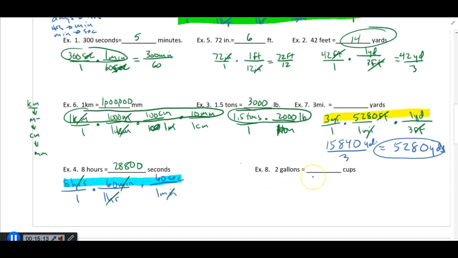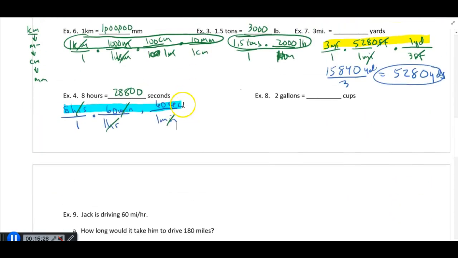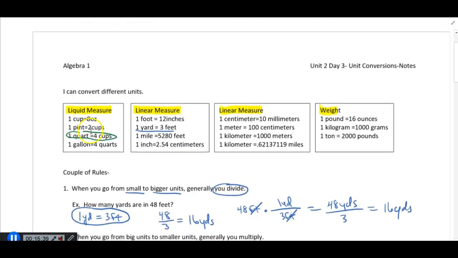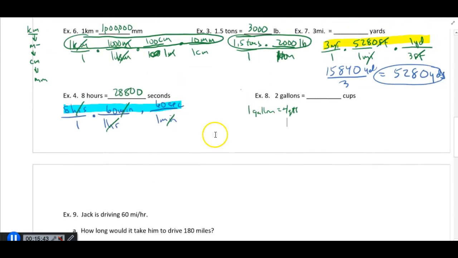Now, up above, we have 2 gallons to cups. So 1 gallon, if I look here, is 4 quarts. So we're going to go from gallons to quarts to cups. Right away we know 1 gallon is equal to 4 quarts. That's one conversion. And then if you look here, you know 1 quart is 4 cups.